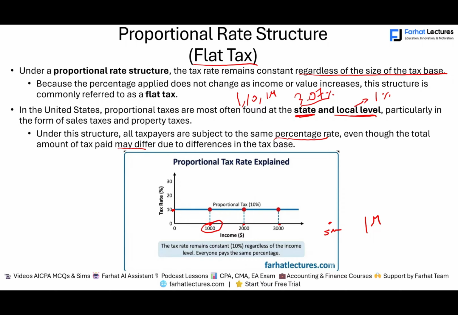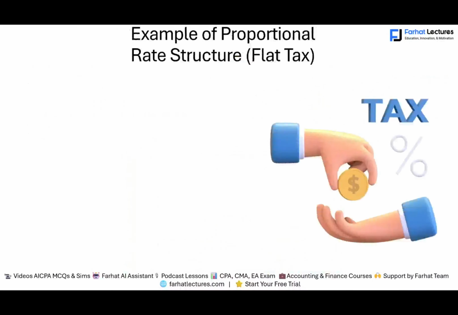In contrast to the progressive, it says what? The more you make, the more you pay. In the flat, the more you make, the more you pay, but only in the same percentage as the other individual. Doesn't matter. There's no tax bracket. Everyone is in the same tax bracket. And that tax bracket, for example, here is 10%.